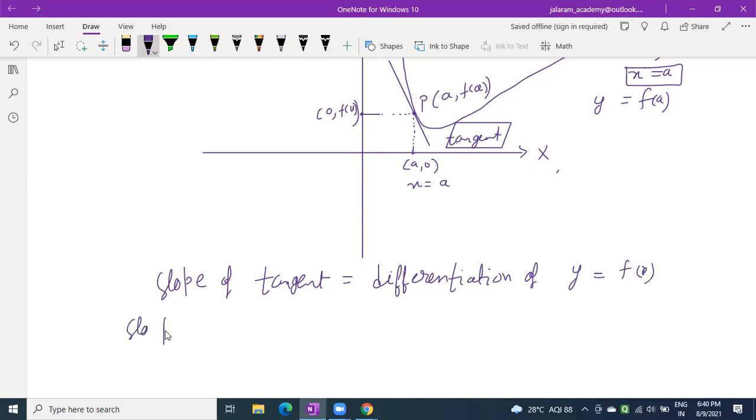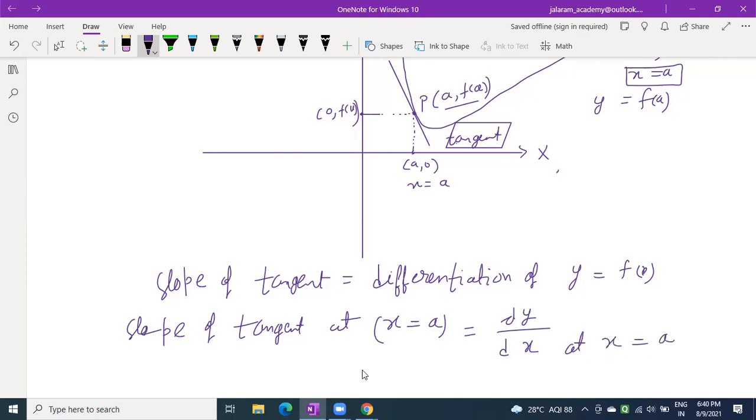So the slope of the tangent at x equals A, at the point x equals A meaning the point A comma f(A). Look at this, the coordinate of this point is A comma f(A), but we call it x equals A, is given by dy by dx at x equals A.